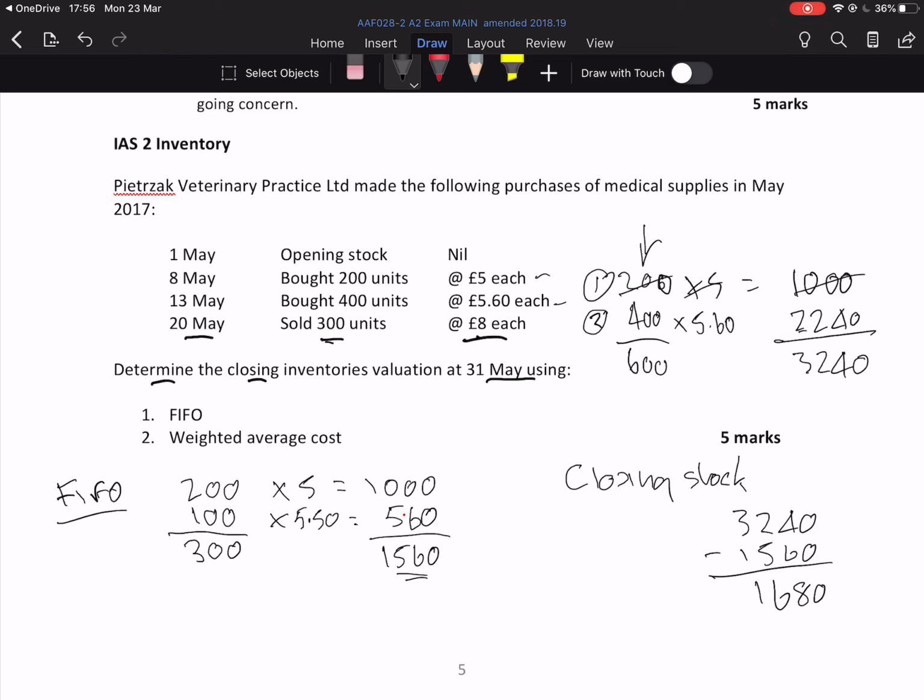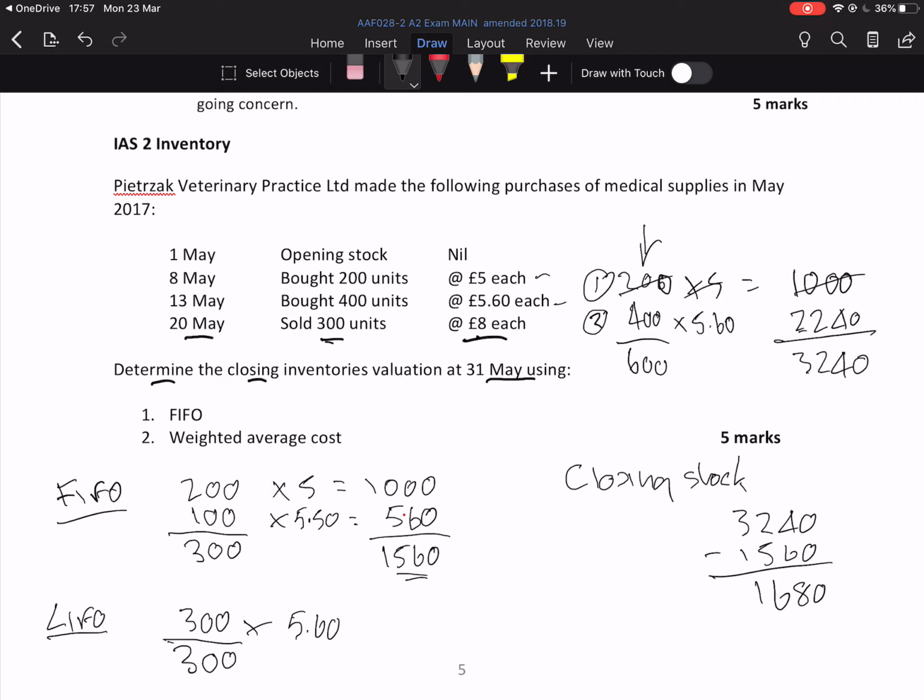So that's FIFO. The other one, which I'll show you, we don't do this one anymore as such because it doesn't follow what we call the prudence concept, which is LIFO, which is last in, first out. So I'll just show the same principle. So this time it's 300 again, but this time the stock that came in last was that on the 13th of May, and we can take all of it, because we've got 400 of them, so we'll do 300 times £5.60.